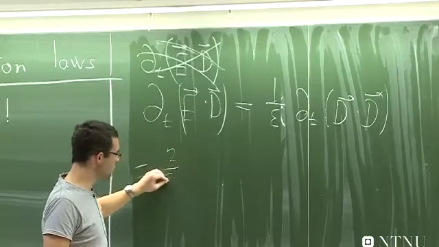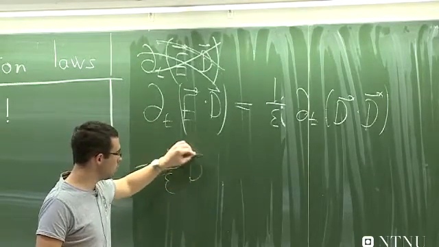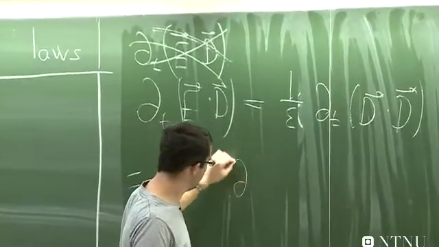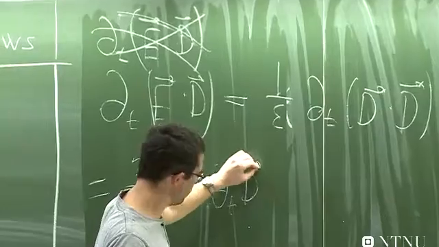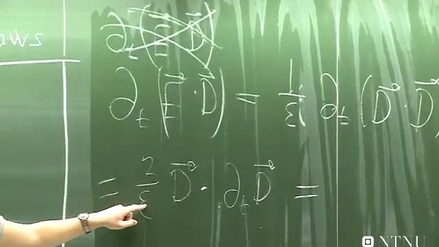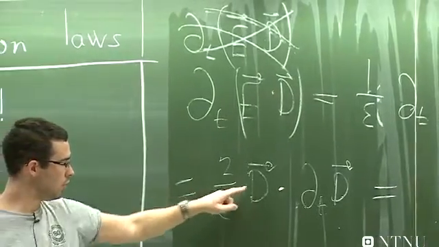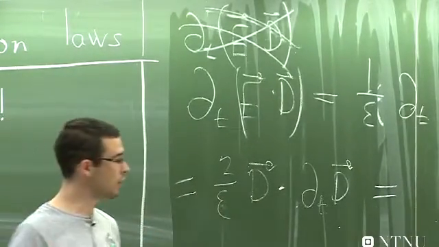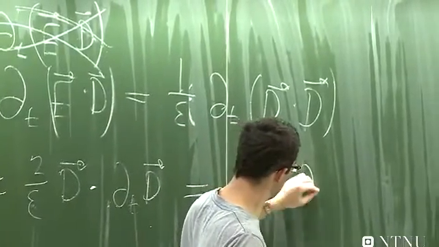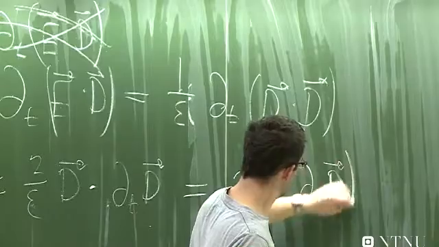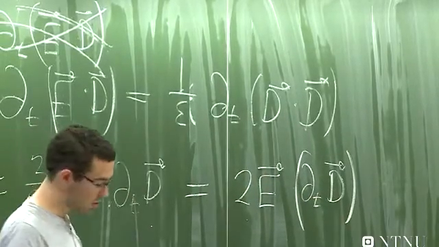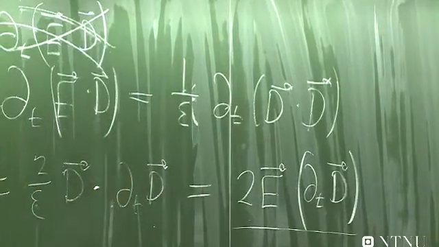So it's 2 over epsilon, and then it's the D field times the time derivative of the D field. And D over epsilon is just the E field again. So I get back to this form, and this is exactly what we had in the integral, right?